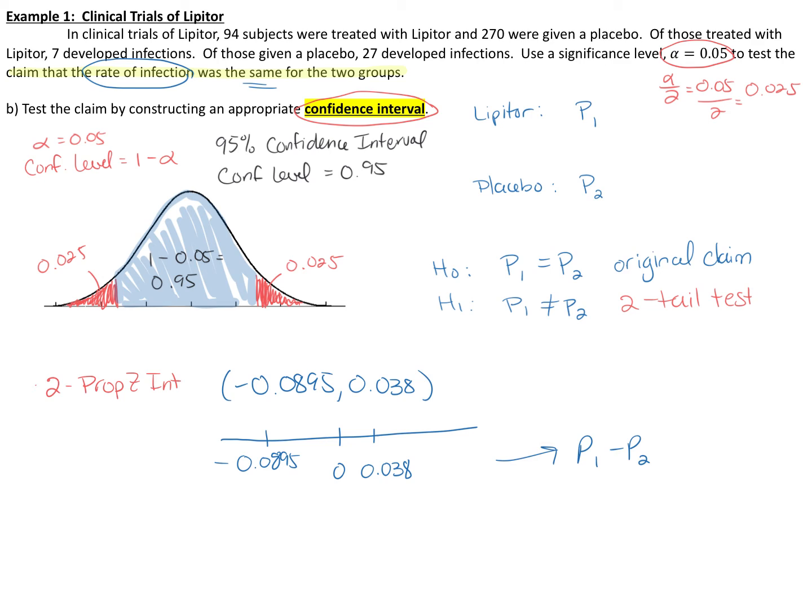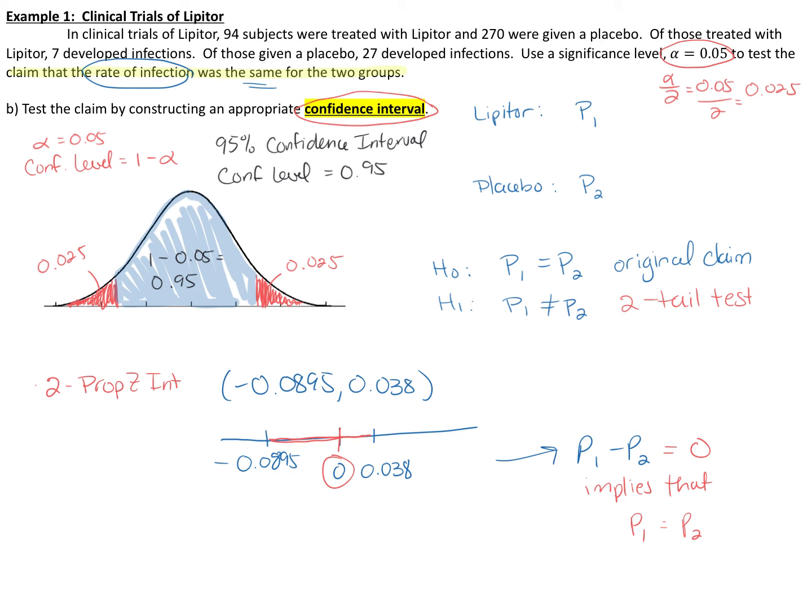And because the difference could be anywhere in this interval, that means that it could also potentially be 0. So if the difference between P1 and P2 is 0, this implies that P1 is equal to P2, because that's the only way that its difference can equal 0.